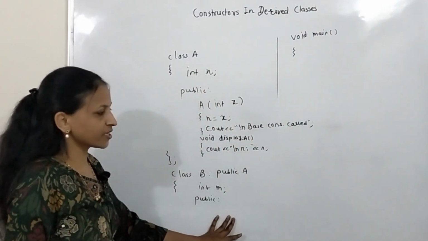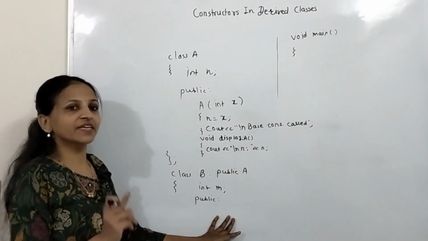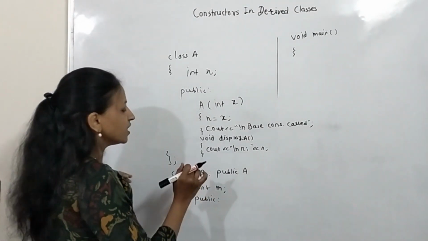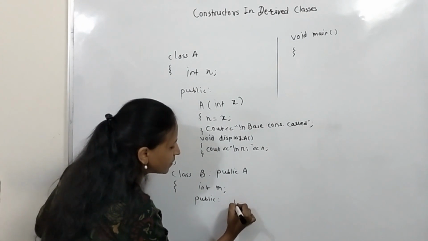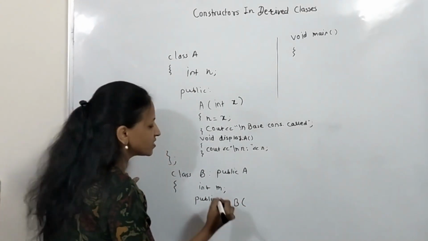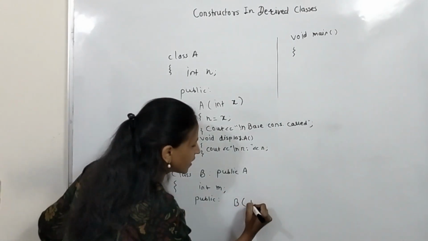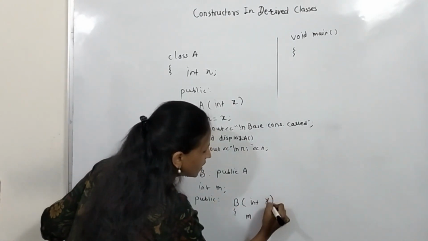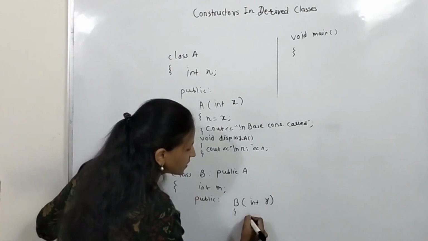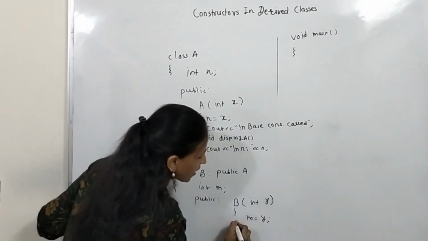Inside the public section we write a parameterized constructor. Class name is B, and here we pass one integer argument for its own member, let's say integer y. Now we write m is equal to y.